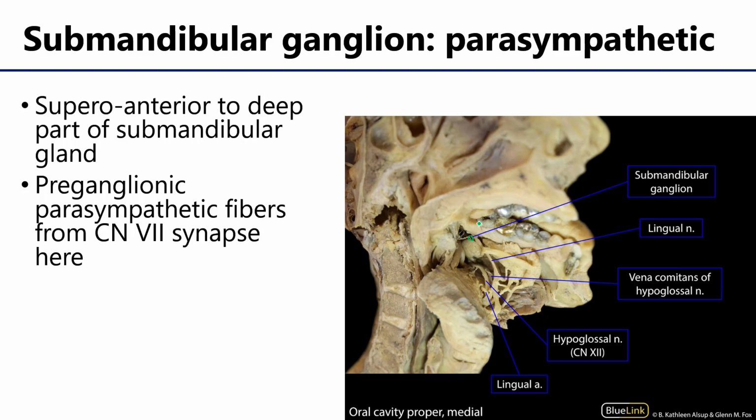From that submandibular ganglion, postganglionic parasympathetic fibers are going to be distributed to the submandibular gland, and you can see the deep part of that gland there, and also will follow vasculature out along to the sublingual gland as well. And you can see there's the sublingual gland kind of nestled there in that sublingual space.